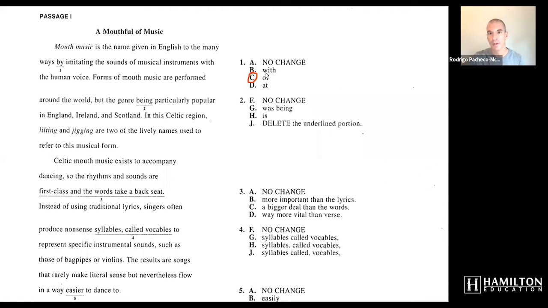With here, we might talk about talking with someone. Again, the relationship there is a little bit different. And at, we typically use at when we are talking about a destination or some kind of movement or location at a site. Right, so these prepositions, again, they depend on convention, that is usage, and not so much on rules.